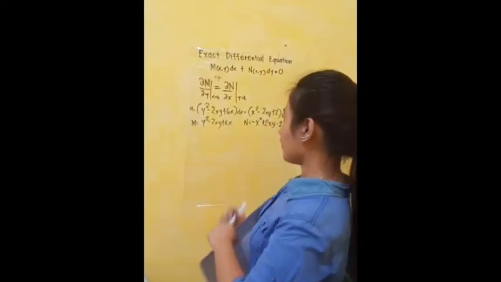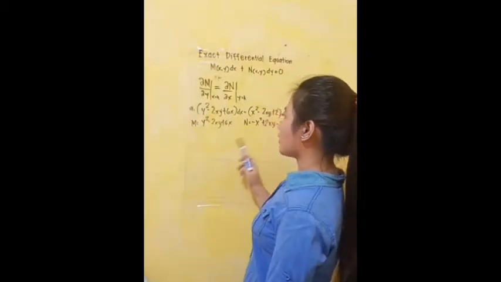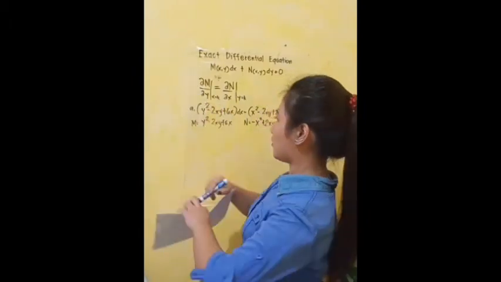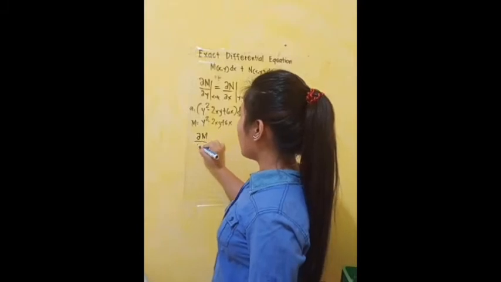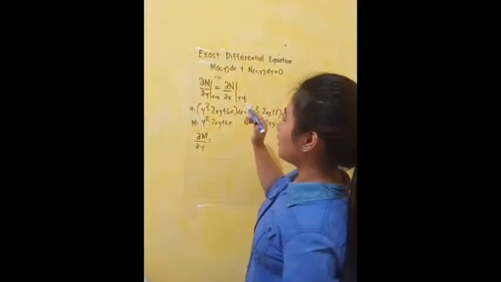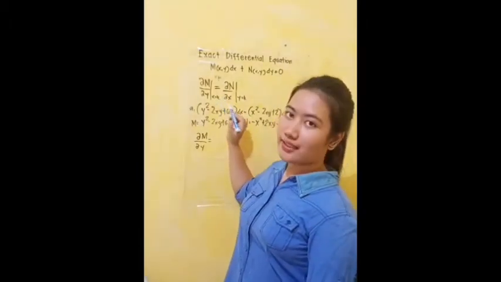So, ayan. Kapag nakuha na natin yung value ng M at ng N, pwede na tayong dumiretso sa pagkuha ng partial derivative nila. So, ang partial derivative ng M with respect to y is equals to, tapos, di ba binanggit natin kanina na yung x ay gagawin natin constant.